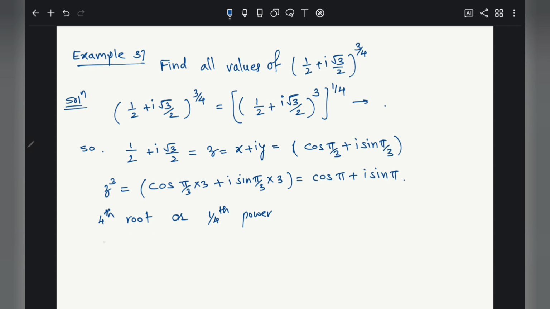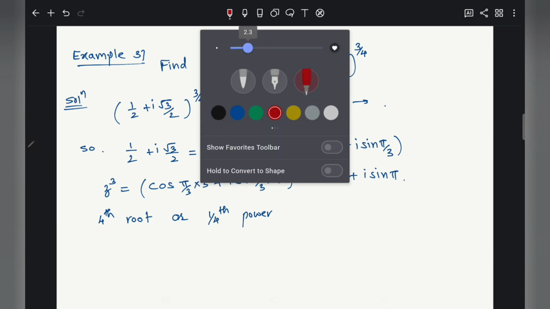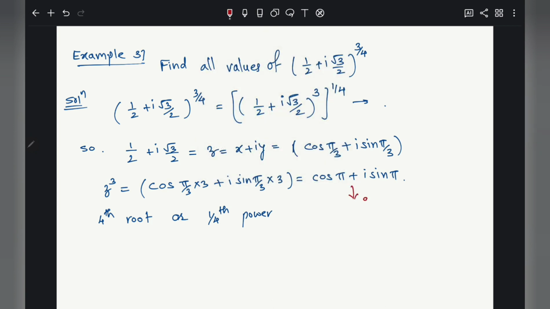So before that, the important step is we need to generalize theta. So first you generalize the theta, that means you write this as cos (pi plus 2k pi) plus i sin (pi plus 2k pi). And then you can continue with the fourth root, so z raised to 1 by 4. You can write it as cos of (1 plus 2k) pi by 4.